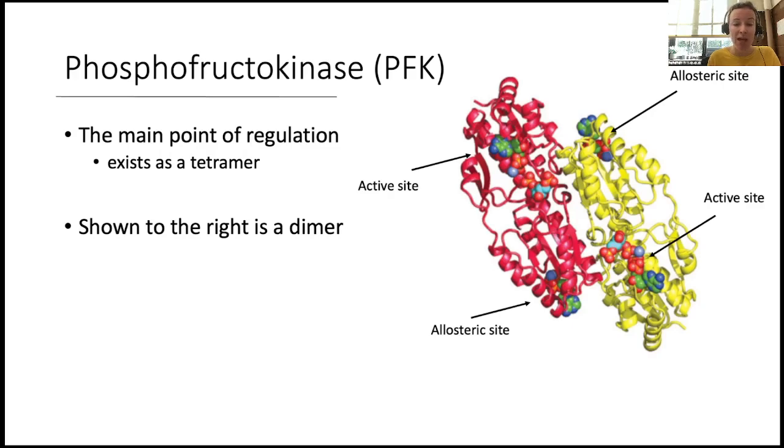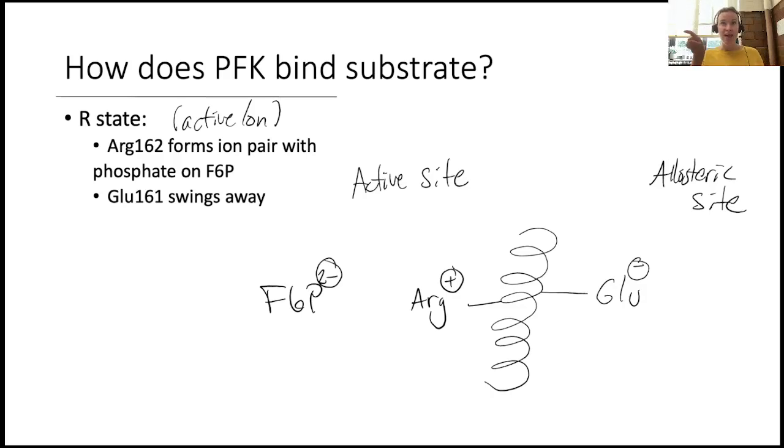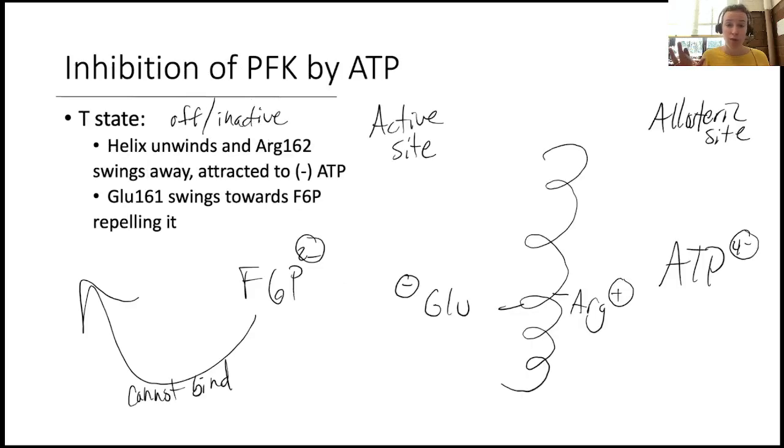So let's go back and draw that in real quick and then get to the slide that we were on. So the active site's from one monomer, allosteric site is from a different subunit. We'll also draw that in here for the ATP.